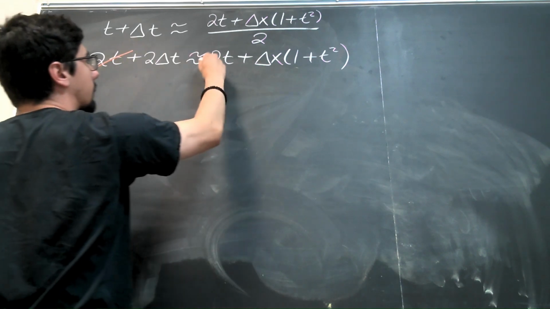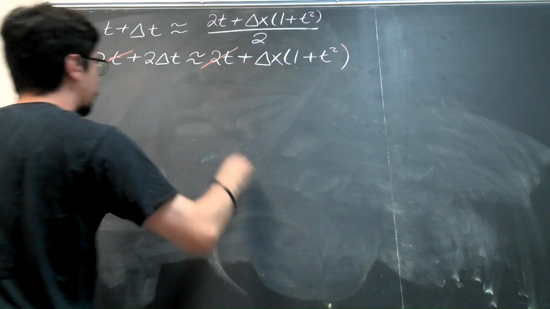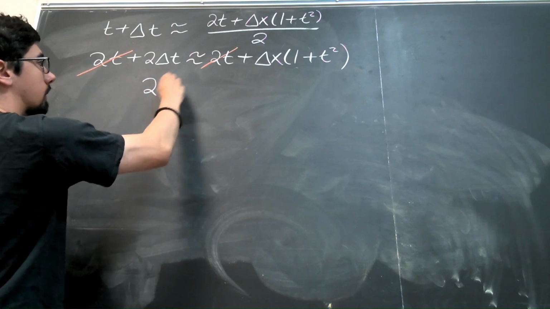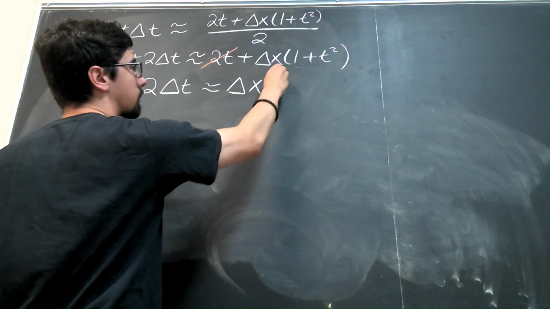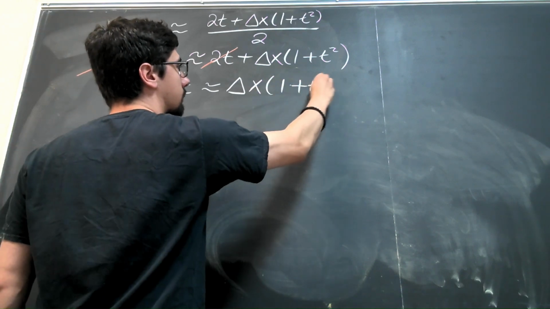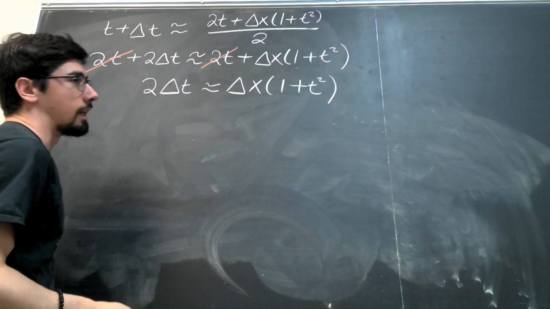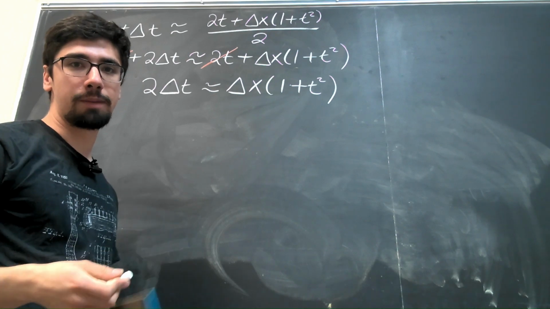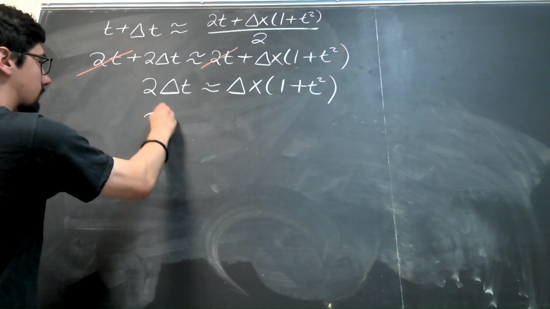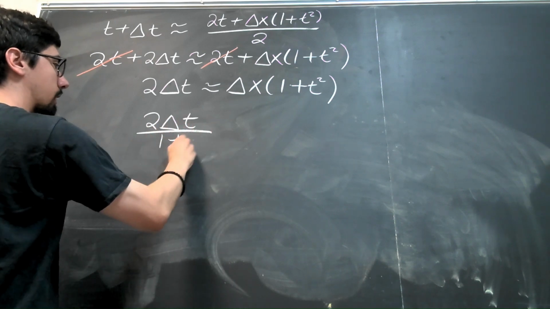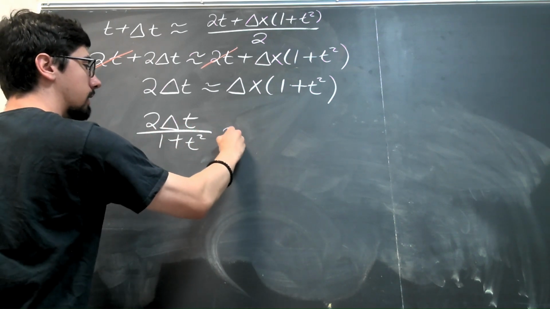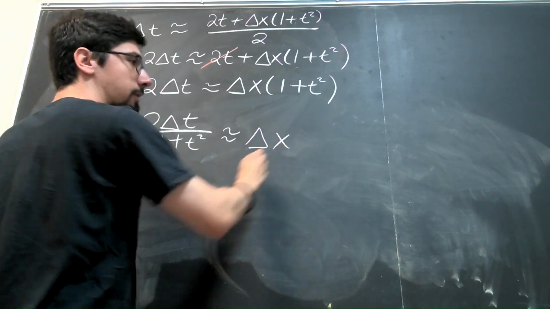So we can go ahead and cancel those out. And so what we're left with is 2 delta t is approximately equal to delta x times 1 plus t squared. And finally, to get delta x by itself, we divide by 1 plus t squared. And we get that 2 delta t over 1 plus t squared is approximately equal to delta x.